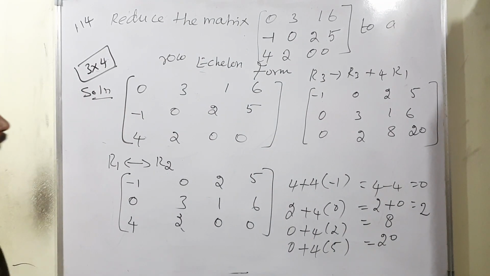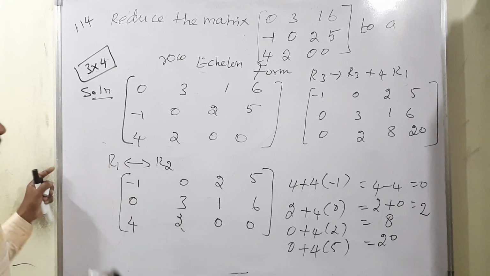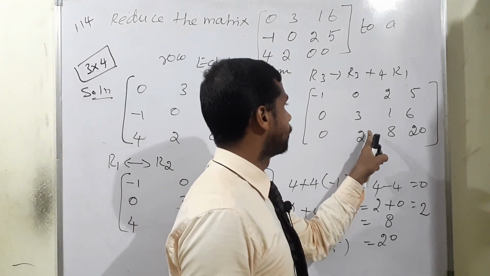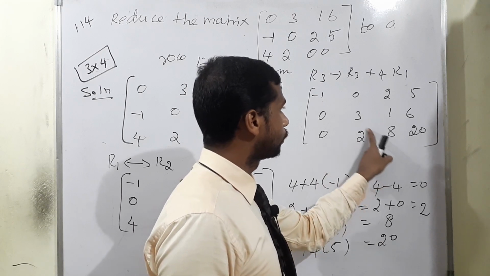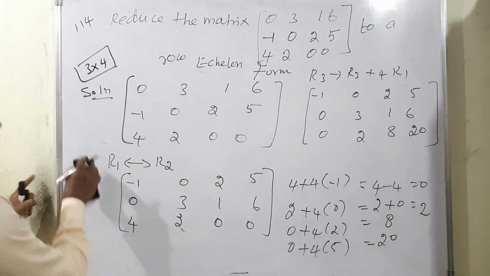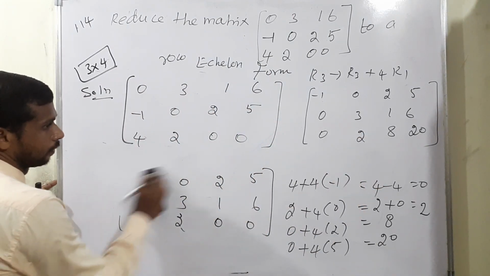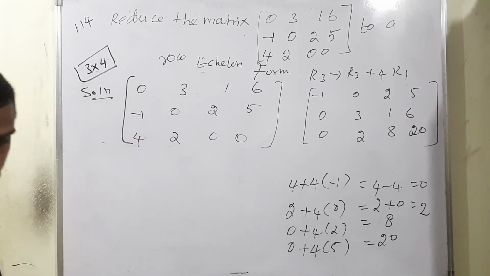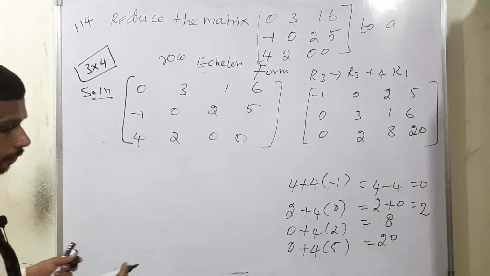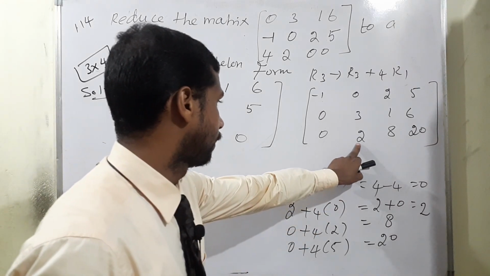Now next one, when starting the non-zero digit. When starting the non-zero digit means 3 is there. So under the term we have to show value will be 0. So here 2 is there, isn't it?